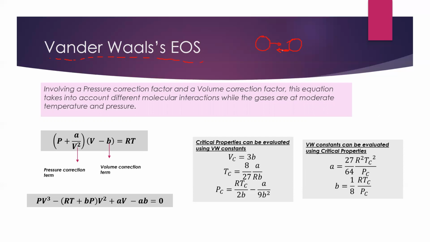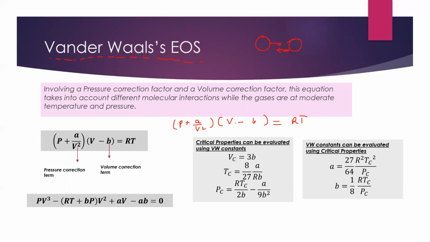The pressure correction term is A by V square. In the ideal gas equation, PV equals RT for 1 mole, we are including a pressure correction term, which is A by V square, and a volume correction term, which is B. Over here, V is the molar volume.